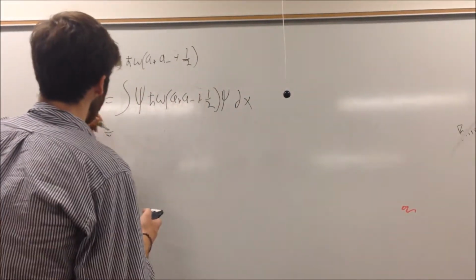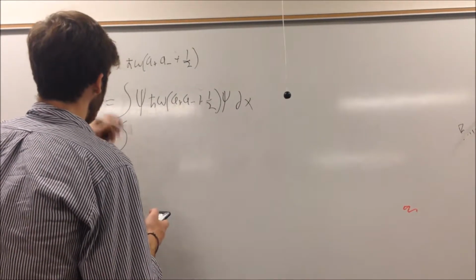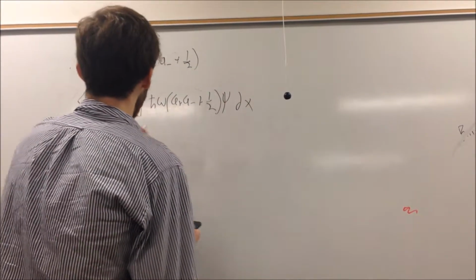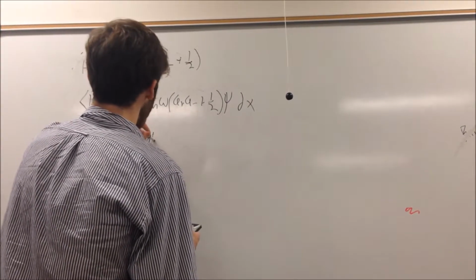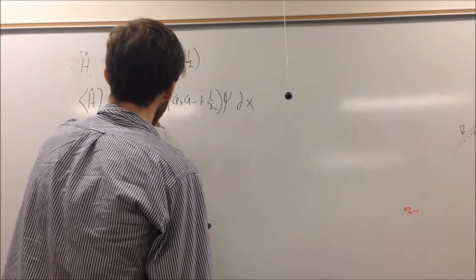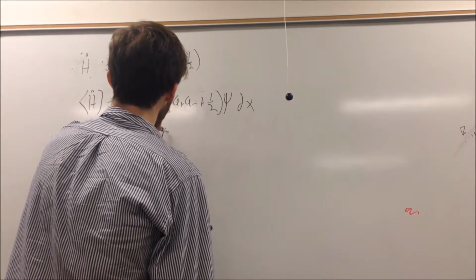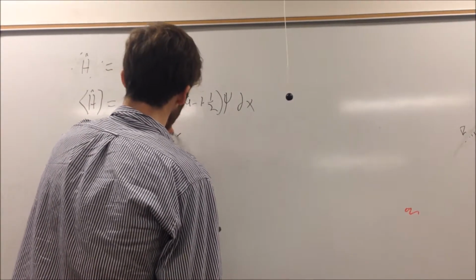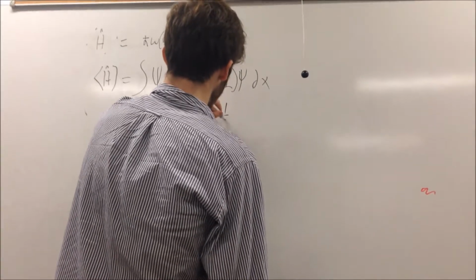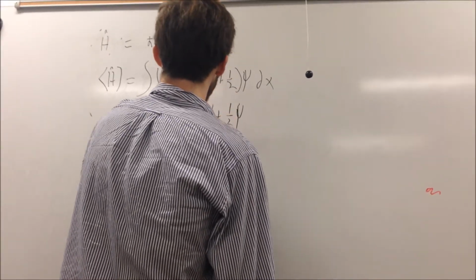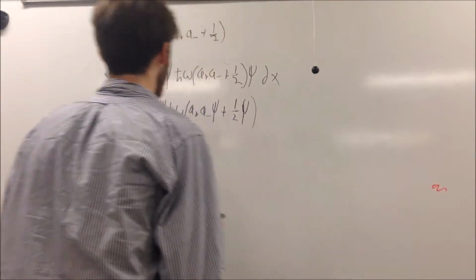Now we can distribute through, so we got psi times h bar w times a plus a minus psi plus 1/2 psi, all times psi again.